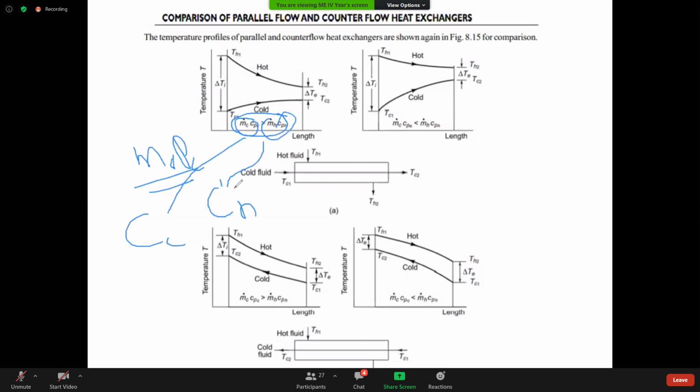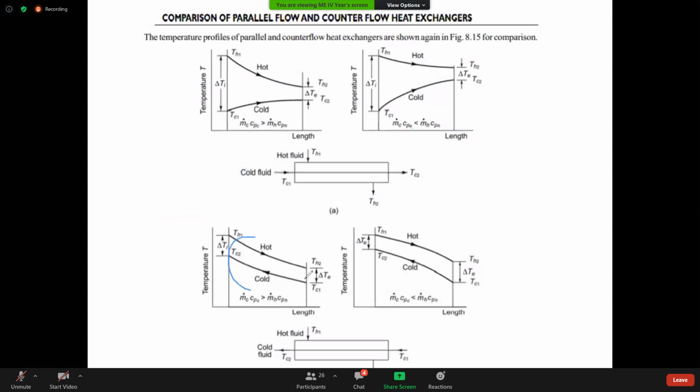That we will be doing in the effectiveness case. So if the structure is like this, then CC is less than or greater than CH, and CC is much less than CH, like that. So these are some comparisons.